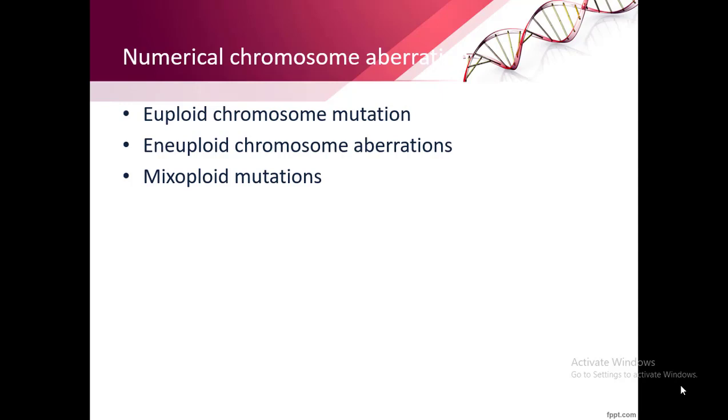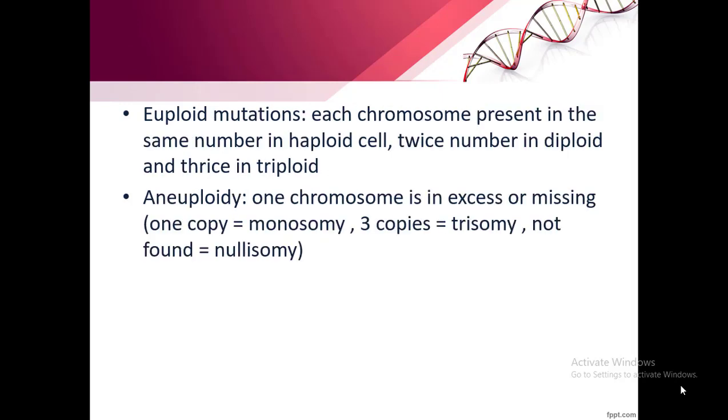Euploid chromosome mutation and euploid mixoploid. Again, these are important. Euploid is the number of a chromosome or the set of a chromosome that is by default present in the organism. The organism can have haploid, one set of chromosome, haploid cells, or twice the number.